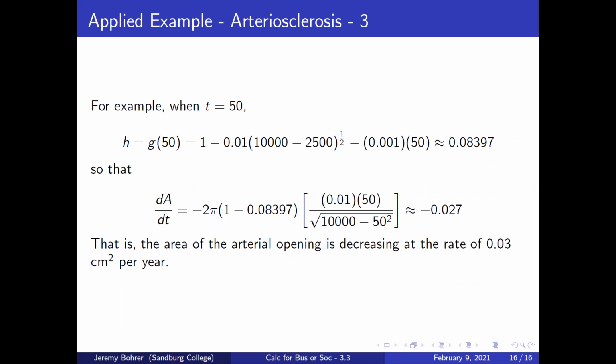So the derivative of A with respect to t is −2π(1 − 0.08397) times [0.01(50)/√(10,000 − 50²) − 0.001], which is about −0.027. That is, the area of the arterial opening is decreasing at the rate of 0.03 centimeters squared per year.